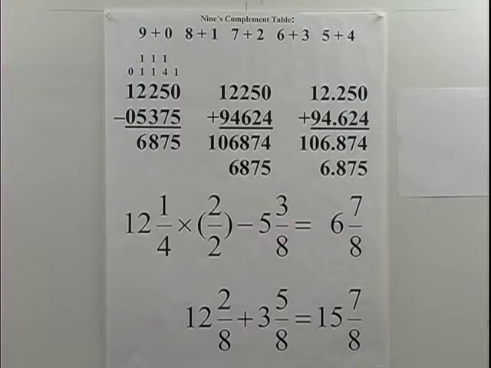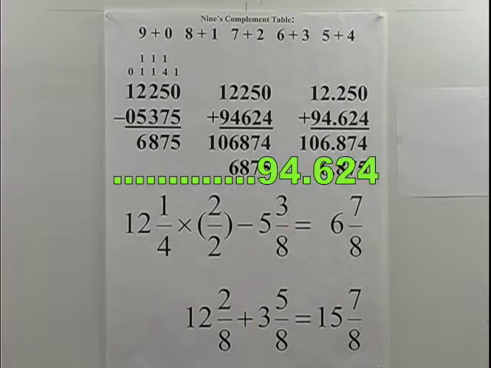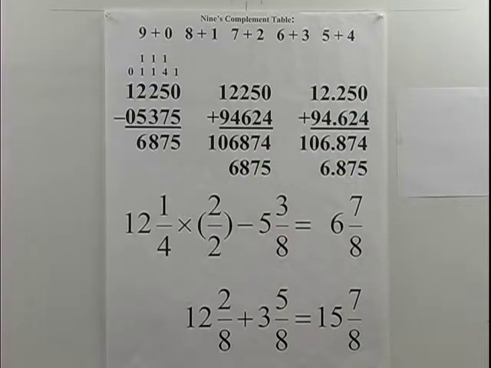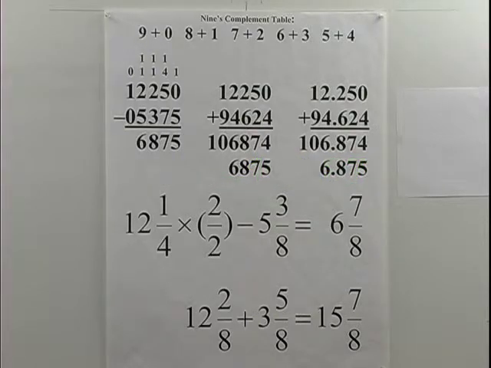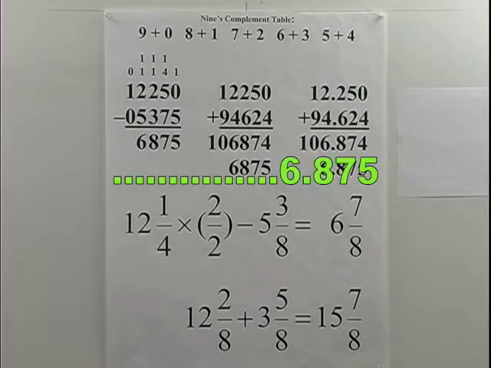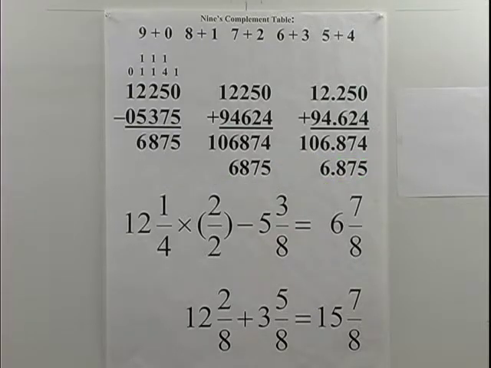So it'll be 9.4624. Then I will add it to the minuend. I get 106.874. Then when I add this 1, the leftmost digit, to the rightmost digit, I get 6.875. The same as it would be here, 6.875.